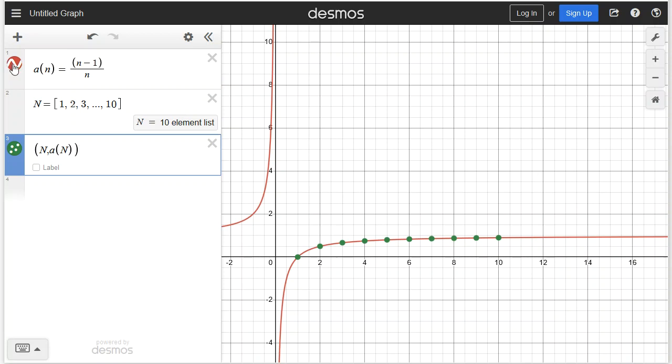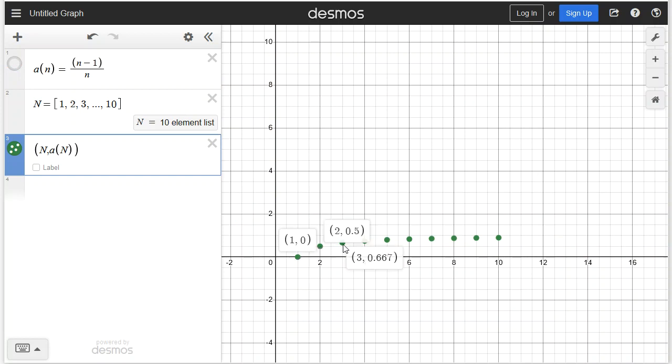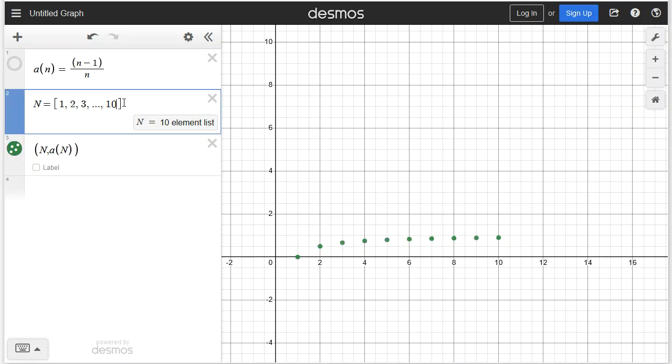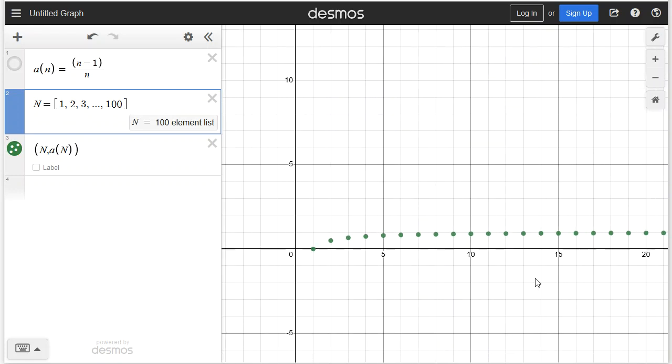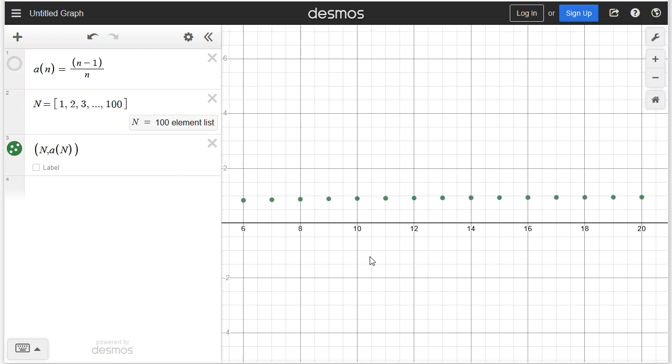Okay, so there's the points that I want. Now I'm going to turn that off. Now I can see my values. So here's our points: 2 comma a half, right? These are the points from our list that we had a second ago. And you could do as many elements as you want. I could make this final element 100. And we could see that this looks like it's not going to get any bigger.